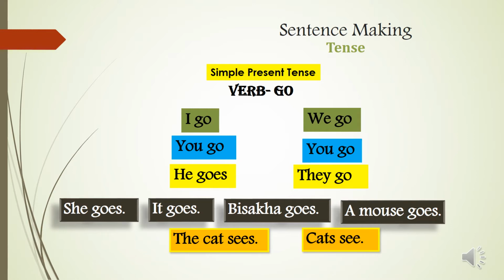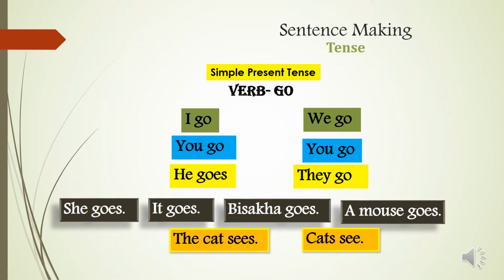So Bishakha goes, a mouse goes, any animal, any object, anything other than I, we, you. These three pronouns are actually first and second persons. So other than these three words, all the subjects are third persons, and only one third person is he. This is third person singular, and many are third person plural.